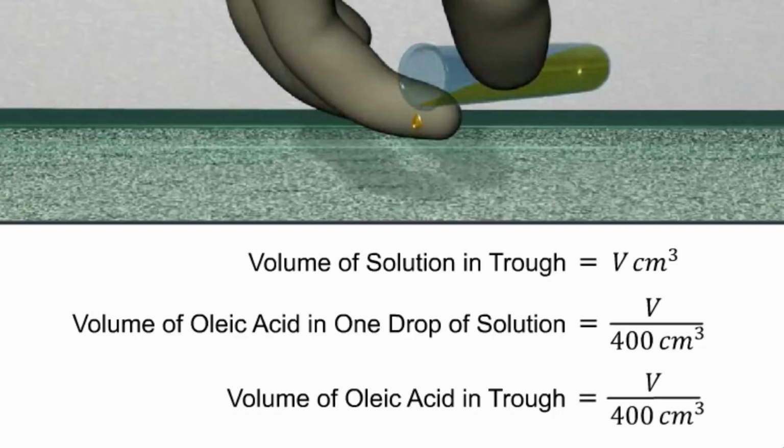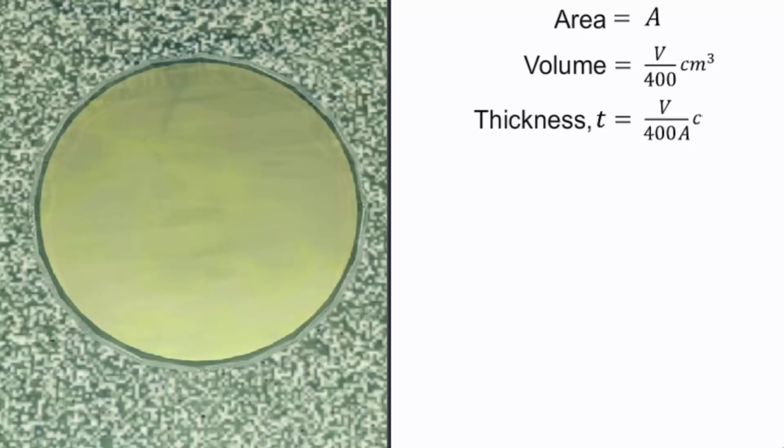Now that we have the area and volume of the thin circular film, we can get its thickness, T, as the ratio of volume to area. T is equal to V/(400 A) centimeter.